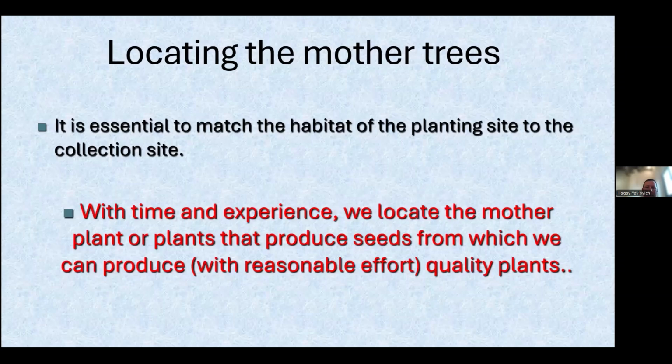So we can summarize that with time and experience, you will locate the mother plant or plants that produce seeds from which you can produce quality plants.